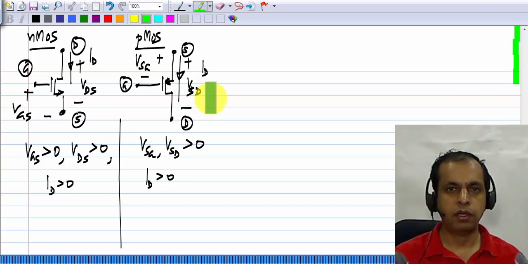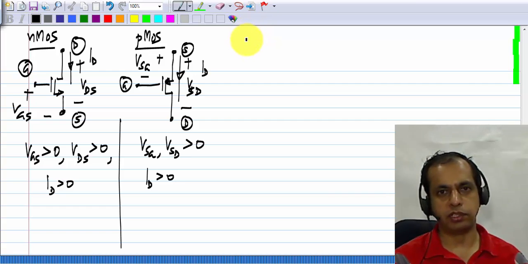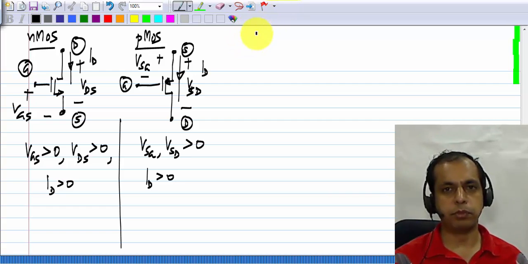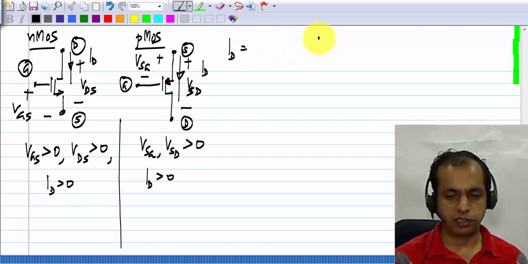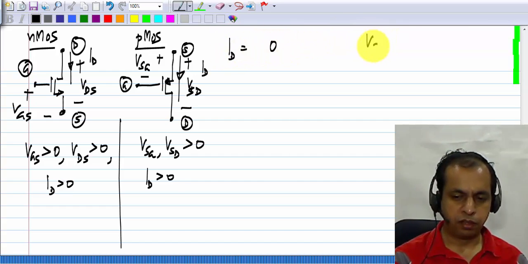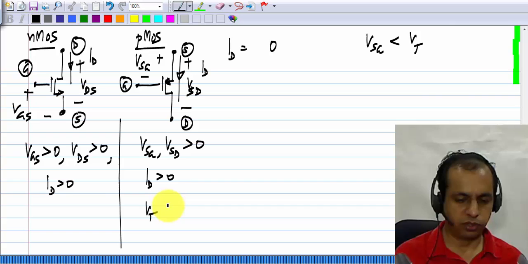Now, the model of the PMOS transistor is exactly the same as the model of the NMOS transistor. The values of the parameters may be different, that's all. So, this ID in a PMOS transistor is 0 if VSG is less than VT. And again, this is technology dependent, but for the most frequently used flavor of the transistor, the threshold voltage is also greater than 0.